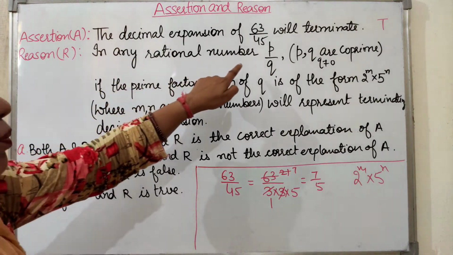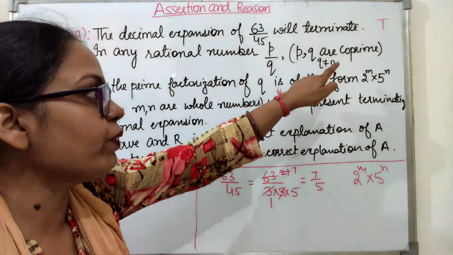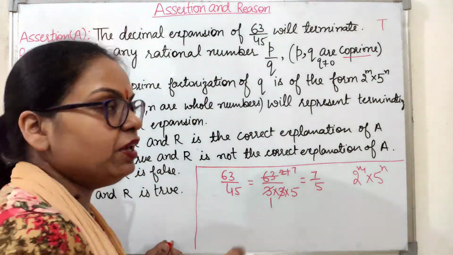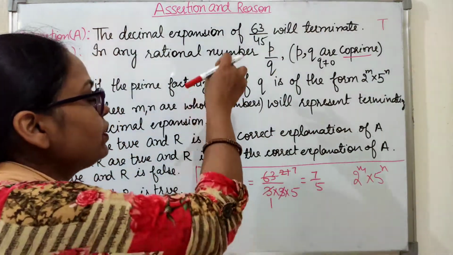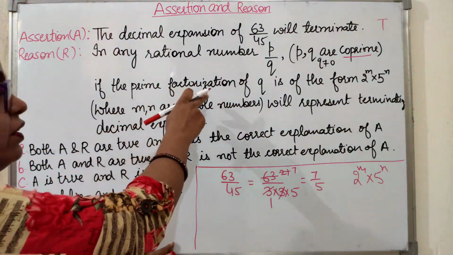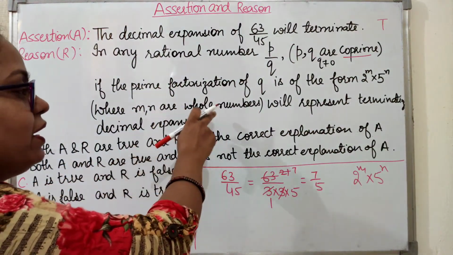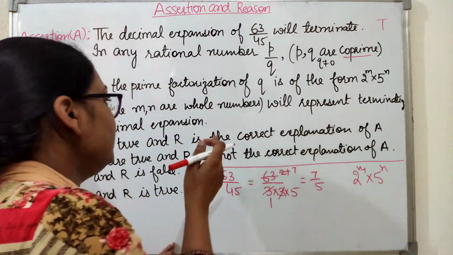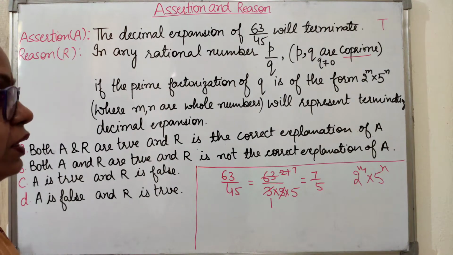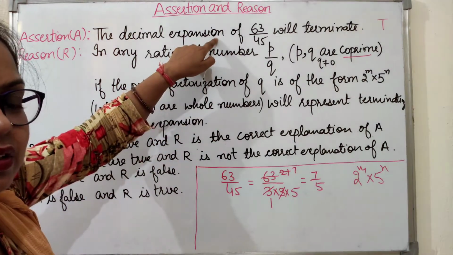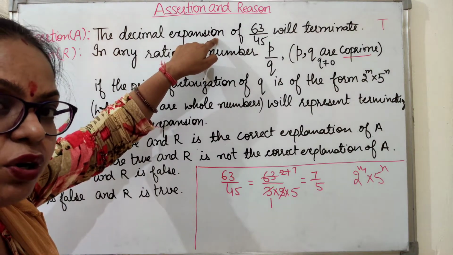Now let us read the reason. In any rational number p by q, where p and q are co-prime, means the HCF is 1, means in the lowest form after cancellation, if the prime factorization of q is of the form 2 to the power m into 5 to the power n, where m and n are whole numbers, it will represent a terminating decimal expansion. Very true. We used this statement to find out whether this is terminating or not.